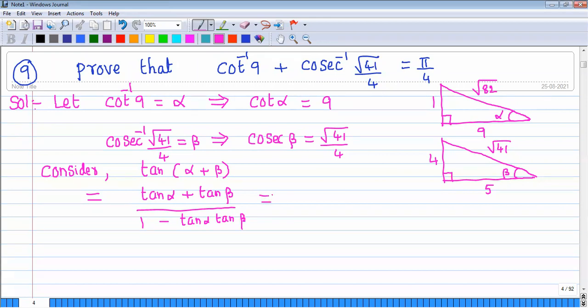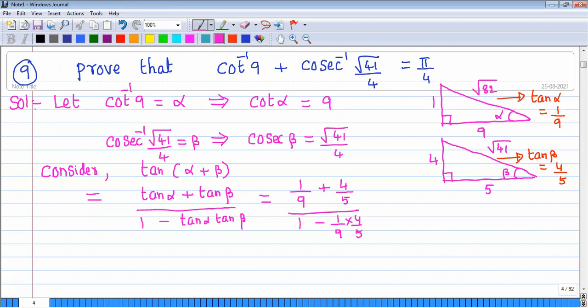Right, let us substitute. Tan alpha is equal to 1 upon 9. In this triangle, tan alpha is equal to opposite side by adjacent side, 1 upon 9. Here tan beta is 4 upon 5. So let us substitute now: 1 upon 9 plus 4 upon 5 upon 1 minus 1 upon 9 into 4 upon 5.